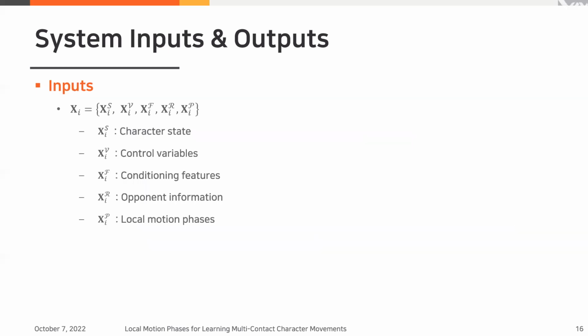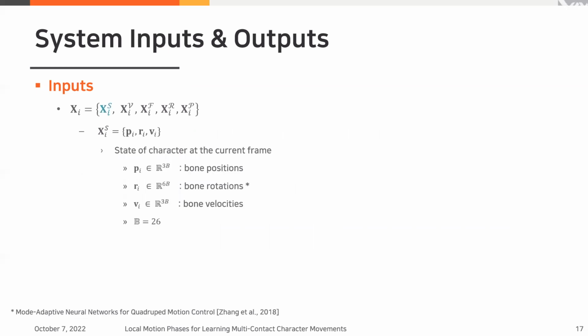Then the input vector at frame i is composed of 5 components like this. And the first component represents the state of the character in the current frame, including the bone positions, rotations, and velocity in root coordinate system where 26 bones were used.